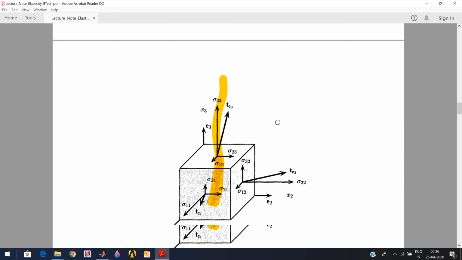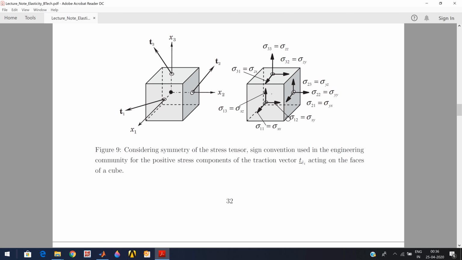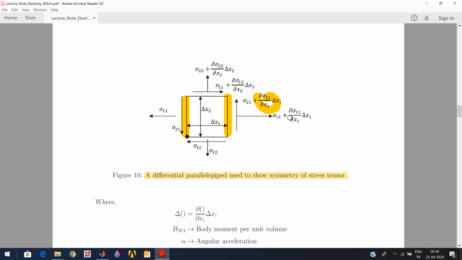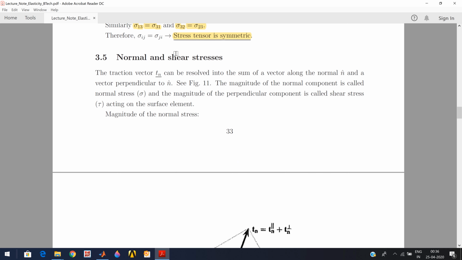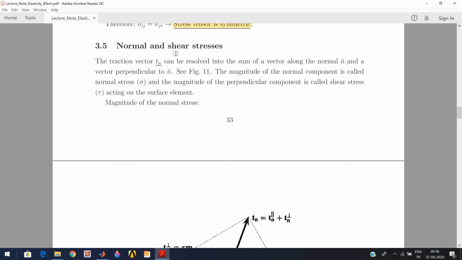All right, so consider proving this stress is symmetric. Now we'll move to a different discussion on the normal component of stress and shear component of stress.